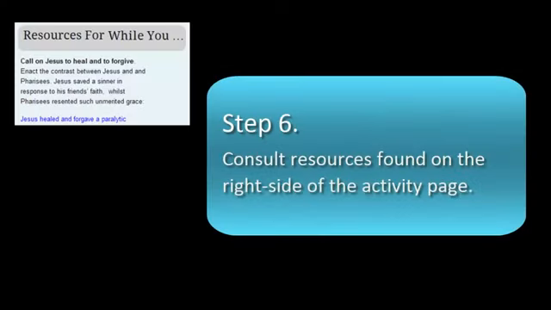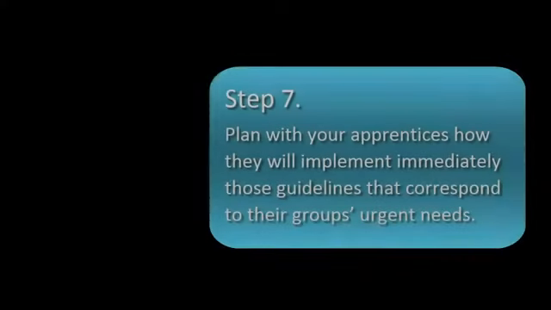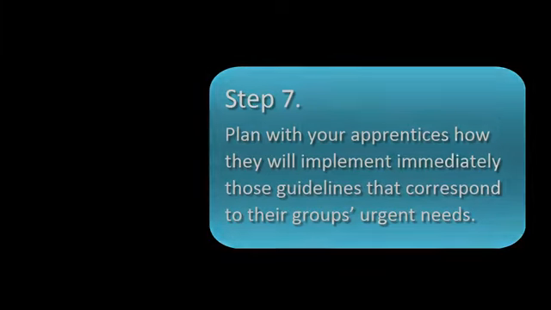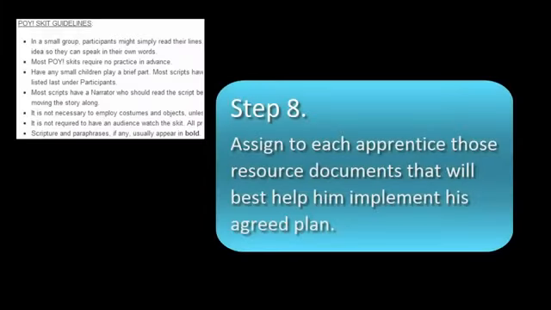Step 6. Consult resources found on the right side of the activity page. Step 7. Plan with your apprentices how they will implement immediately those guidelines that correspond to their group's urgent needs. Step 8. Assign to each apprentice those resource documents that will best help him implement his agreed plan.